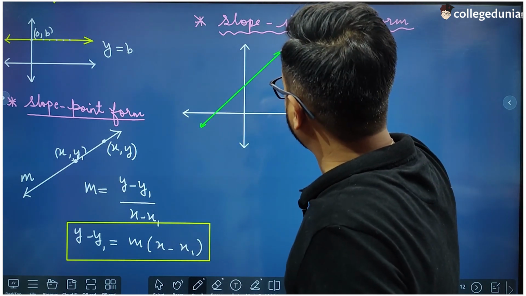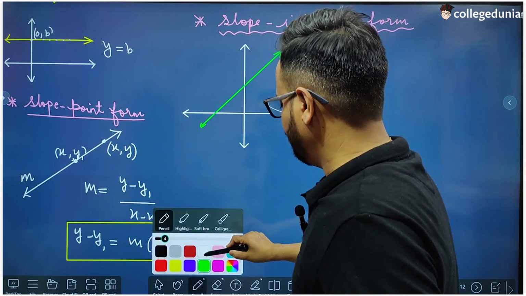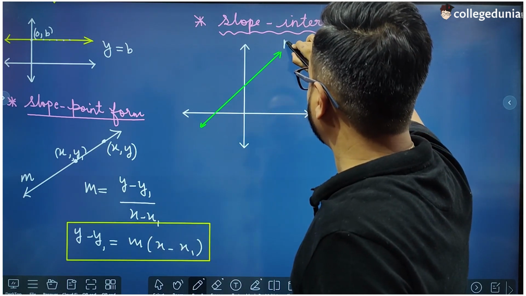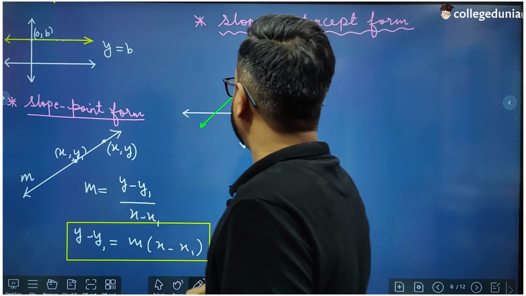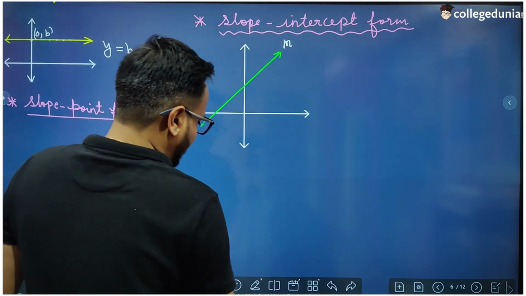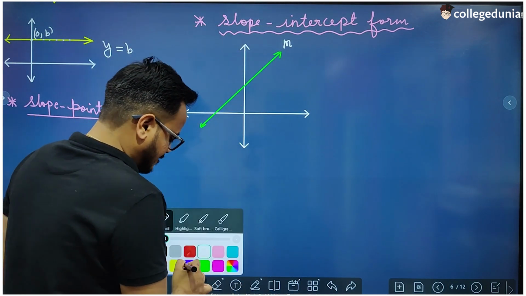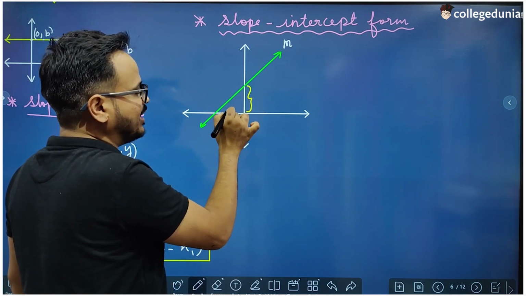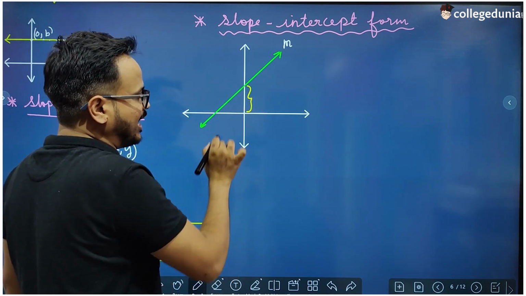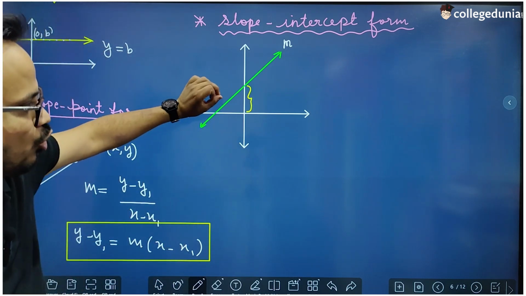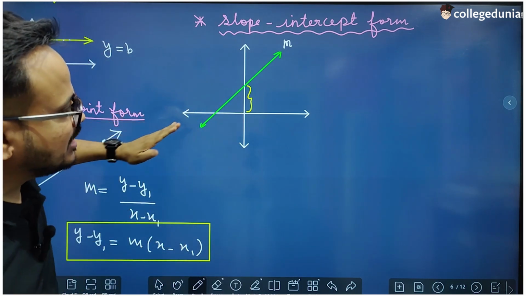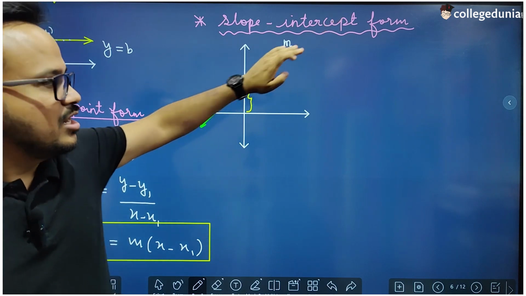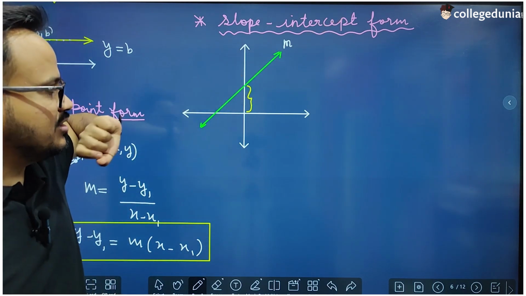So we know the slope of this line is m. What is intercept? Intercept is this length. This length is called y-intercept and this length is called x-intercept. It is the distance between the origin and the point where the line intersects the axis, right? So this is y-intercept, this is x-intercept.